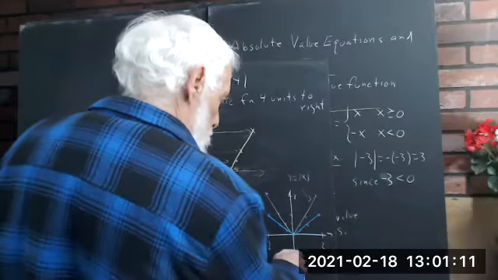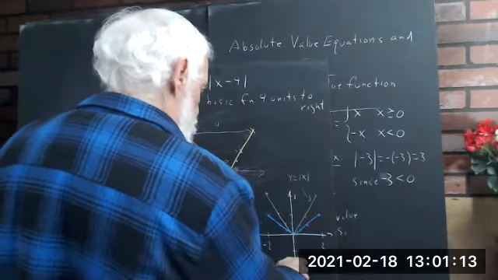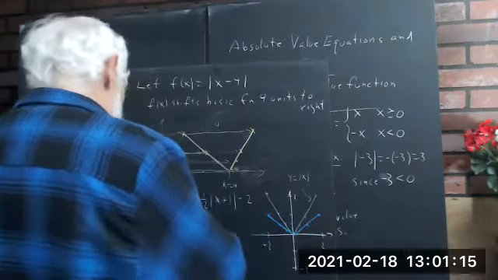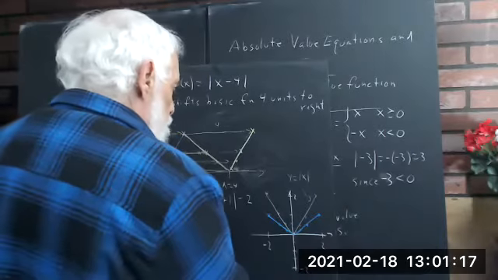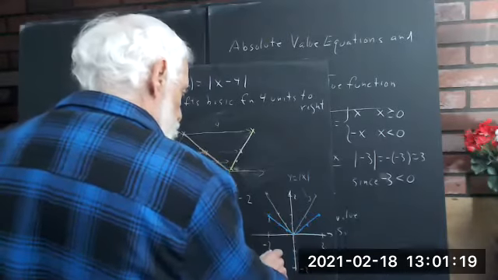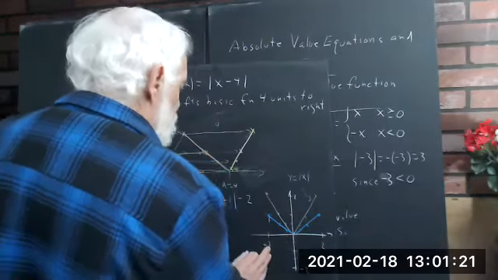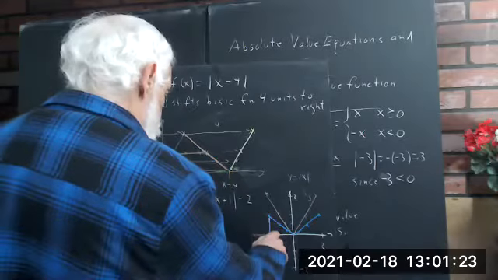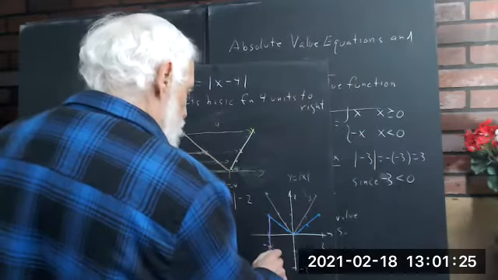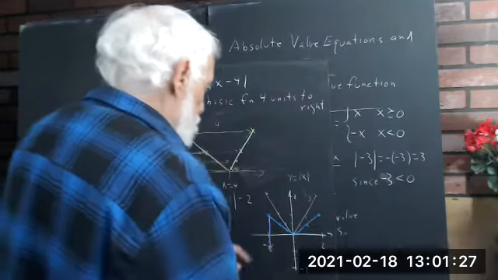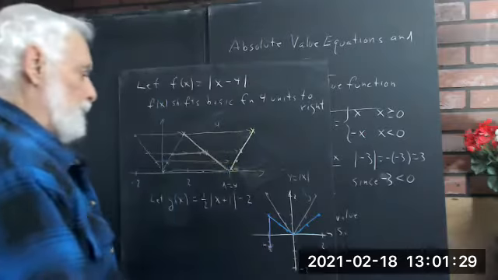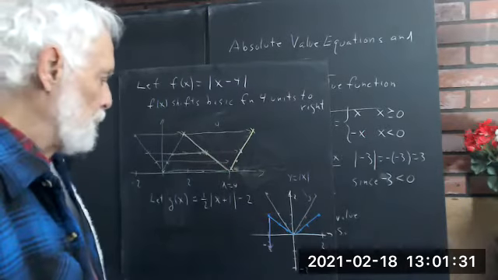Let me go down a couple of marks here to help. Okay, so this point is going to go down to here. So it's going to come 2 units lower. I'm going to end up here. I didn't plan where my -2 went very well, but it comes down 2 units.